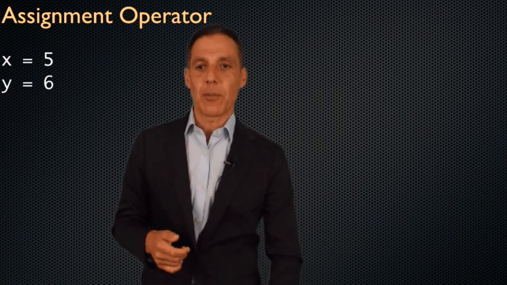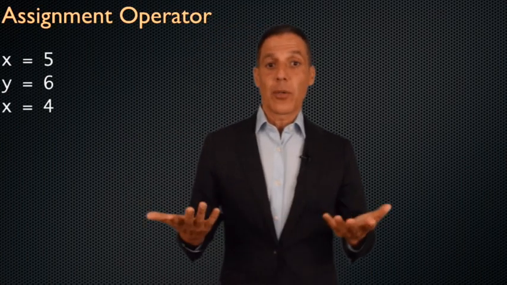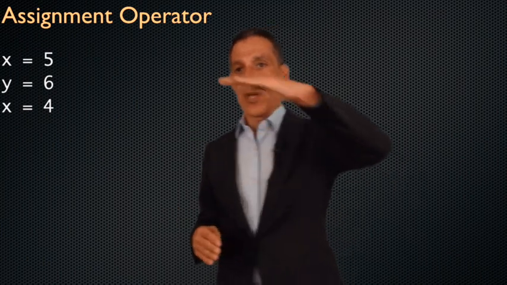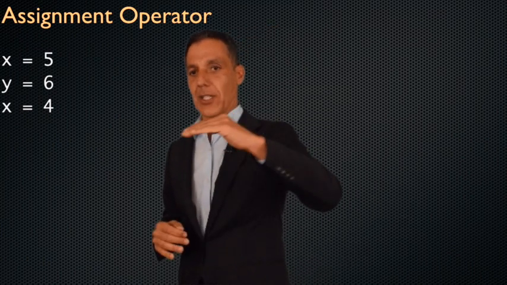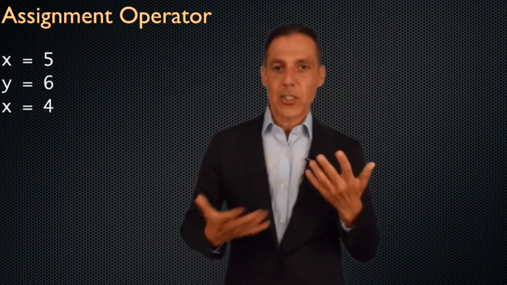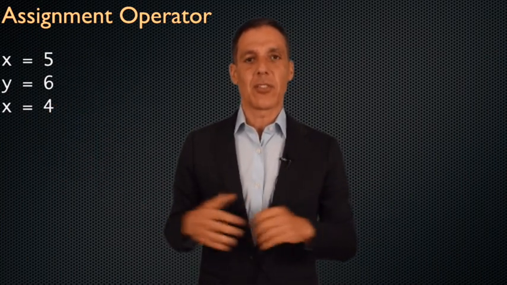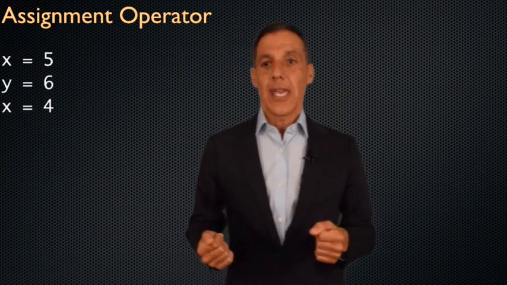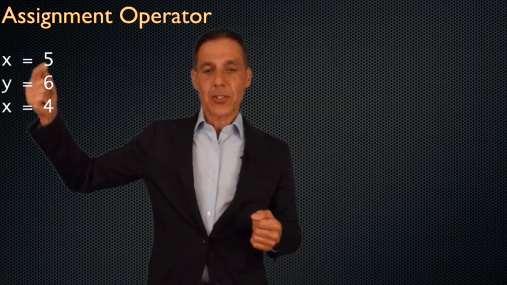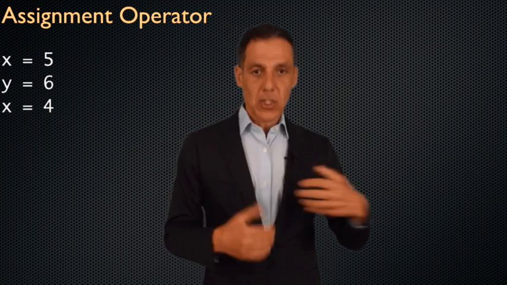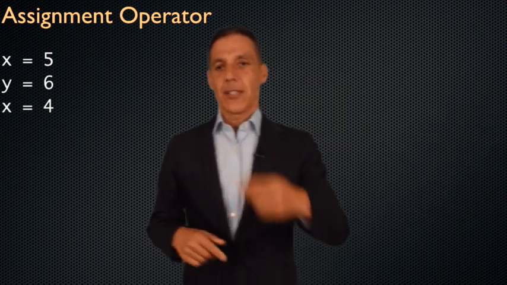Okay, so let's do a couple more. So now I'm going to assign x again to the value of 4. Okay, so x is equal to 5, y is equal to 6, x equals to 4. And so now the question you want to ask is, well, what happens when I have this double assignment in some ways? And what happens is that when I did that first line, Python went into memory and said, is there an x here? No? Good, let's create a new x. Same thing for y.